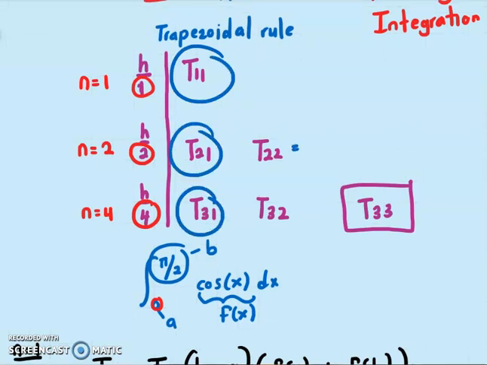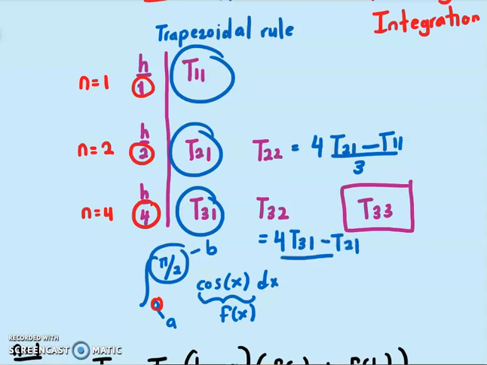So T22 will be 4 times T21 minus T11 divided by 3. And T32 is also 4 times T31 minus T21 divided by 3. And T33 equals 16 times T32 minus T22 divided by 15.